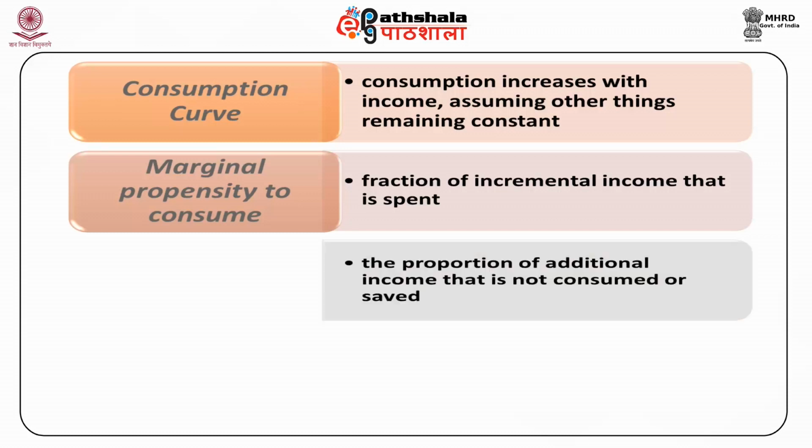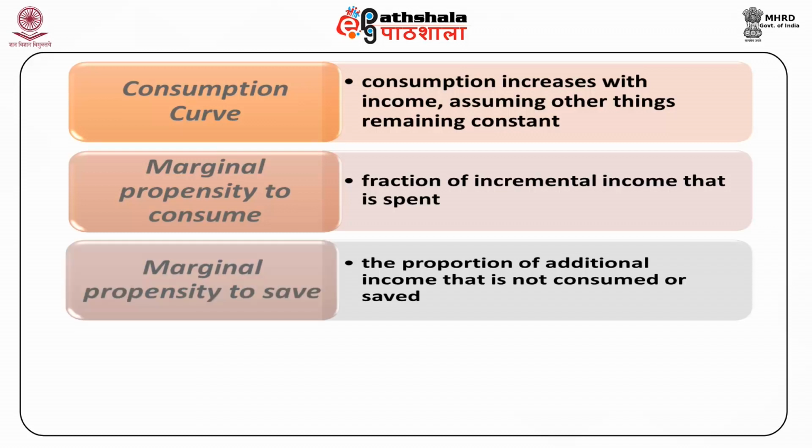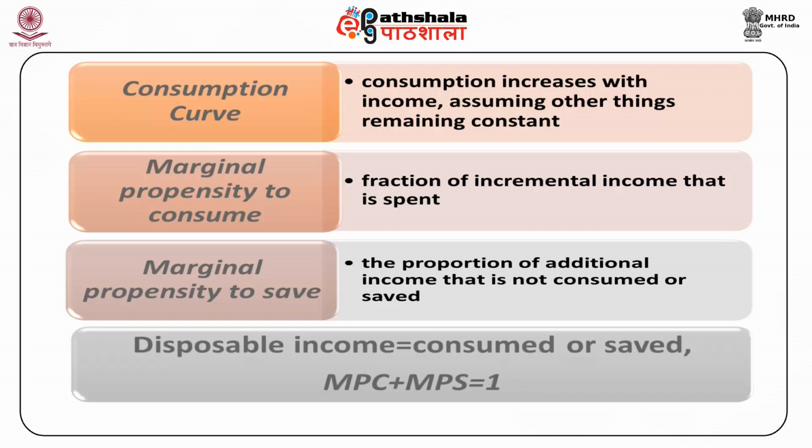The proportion of additional income that is not consumed or saved is referred to as marginal propensity to save MPS. As the disposable income may be either consumed or saved, the marginal propensity to consume plus marginal propensity to save must be equal to 1.